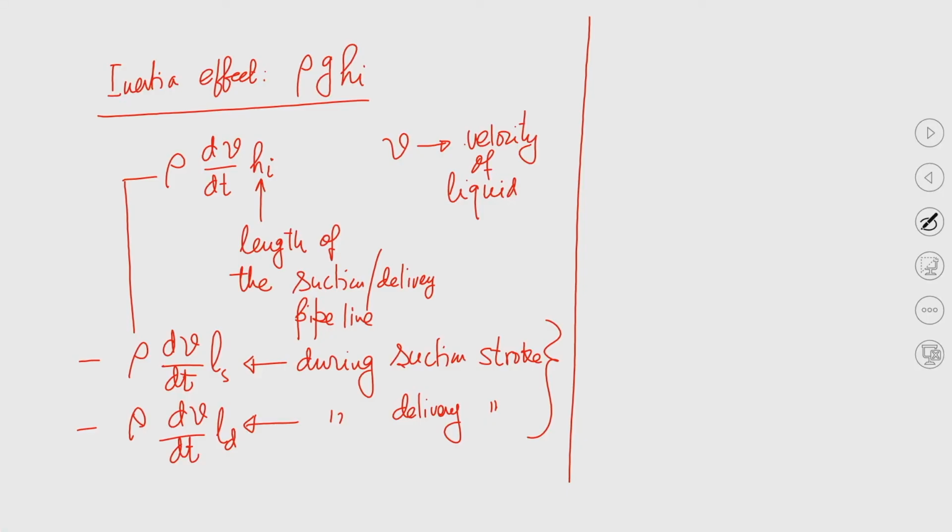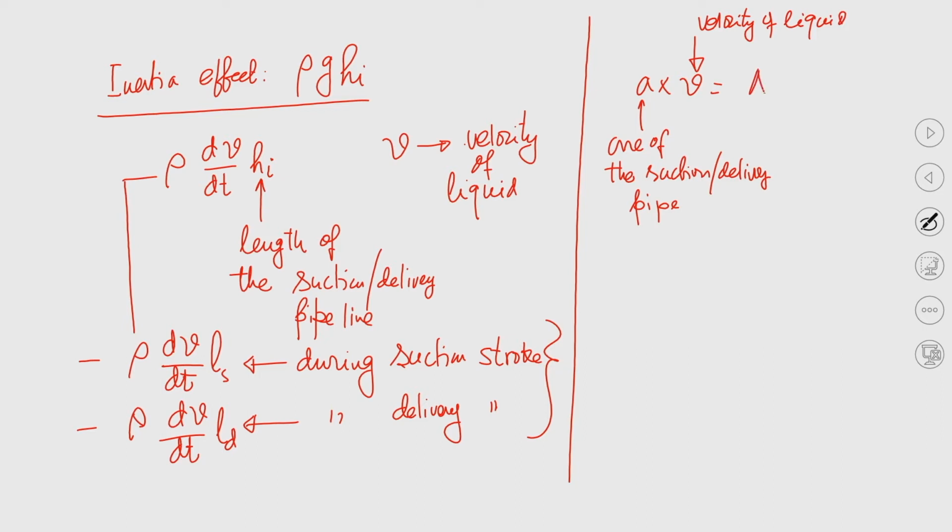If I apply that, A into V equal to a into u, where A is the area of the suction stroke delivery pipe, V is the velocity of liquid, u is the piston velocity or speed, and a is the cross sectional area of the cylinder.